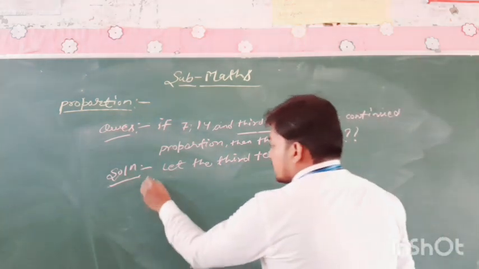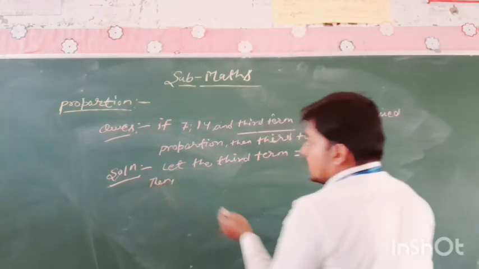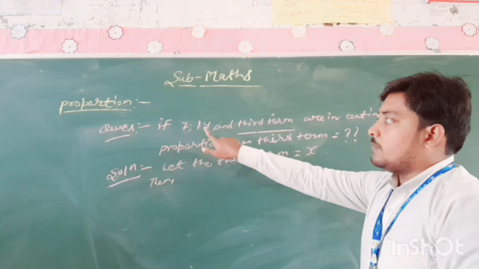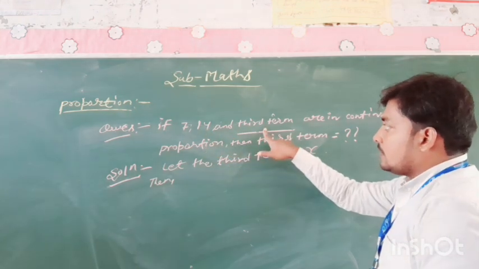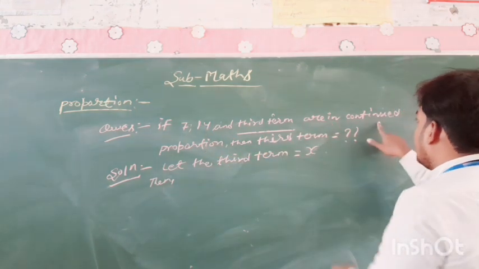Then question is saying that 7, 14 and third term are in continued proportion.